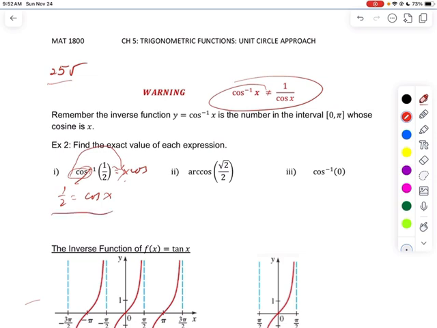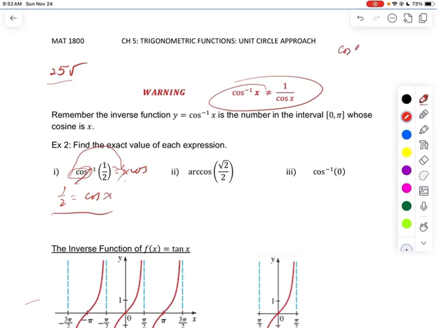Okay, so looking at some examples here. What is cosine inverse 1/2? How will you find it? Well, again, if you don't quickly remember, you can always say this is equal to x, so that by definition I get 1/2 is equal to cosine x.